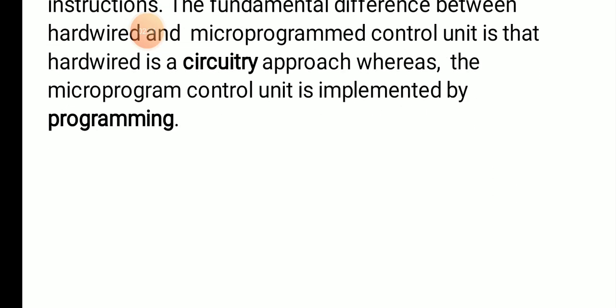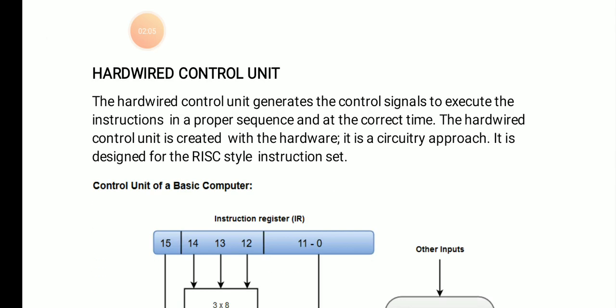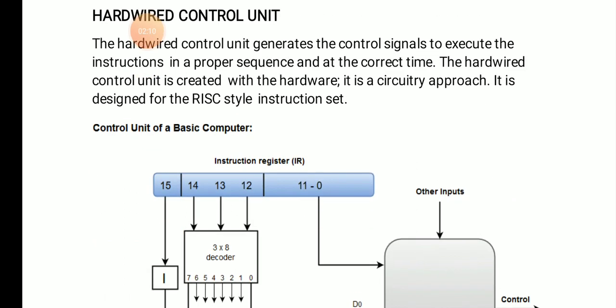So next we will discuss the hardwired control unit. The hardwired control unit generates the control signals to execute the instructions in a proper sequence and at the correct time.